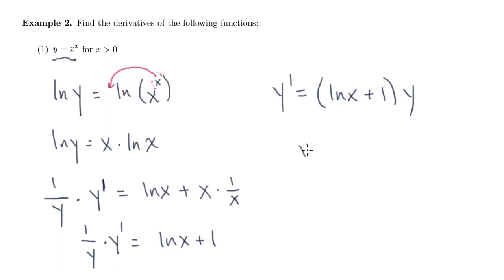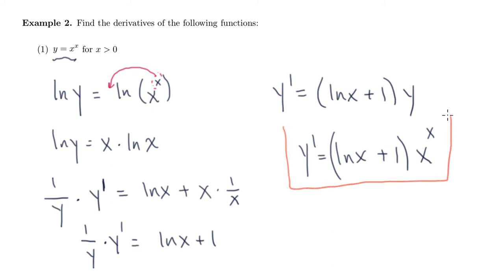So then the derivative as a function of x is natural log of x plus 1 times x raised to the x. And that's how it goes. So pretty simple. Logarithmic differentiation has a very nice methodology, kind of an algorithmic way to do it. So it's really nice once you get the hang of it.